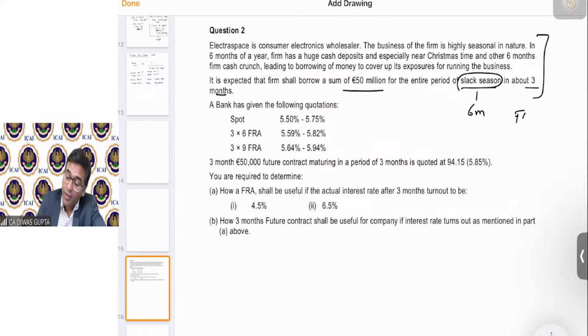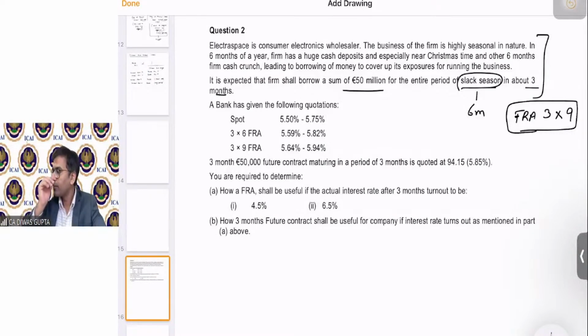So FRA 3/9 is the right period. FRA 3/9 is the right notation for this slack season.